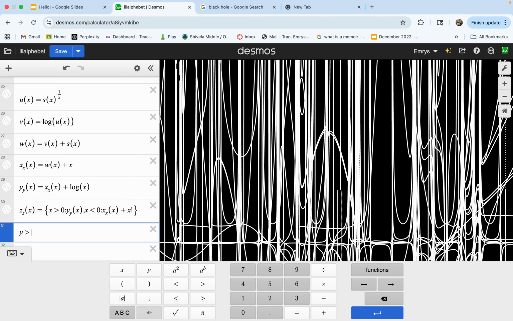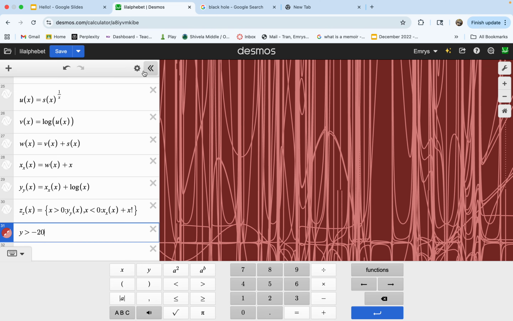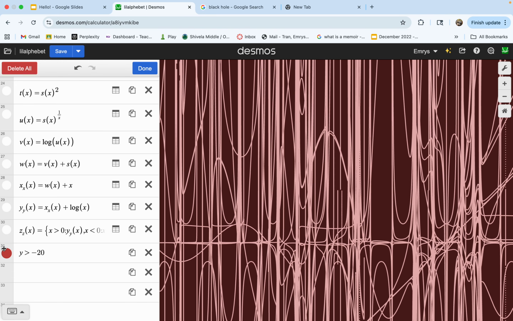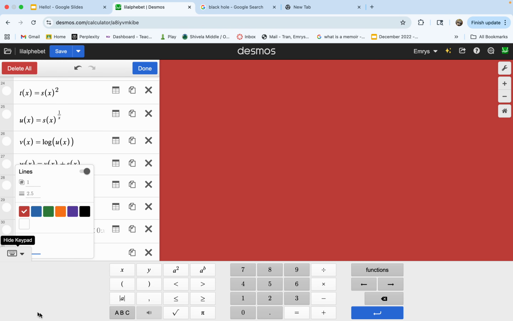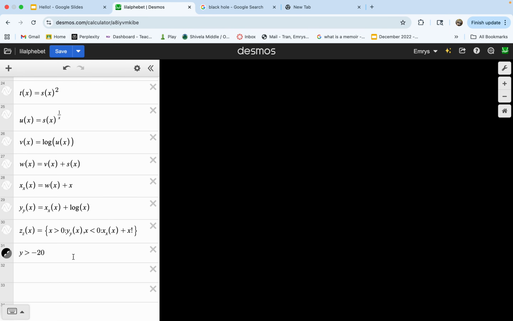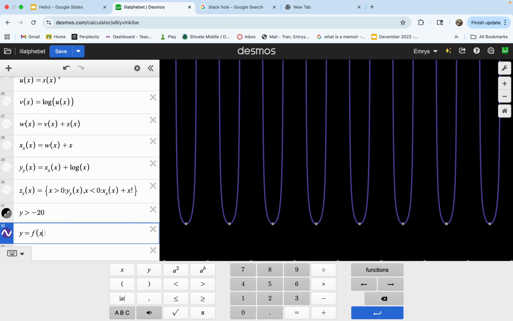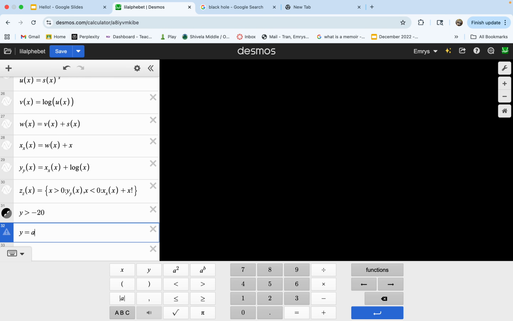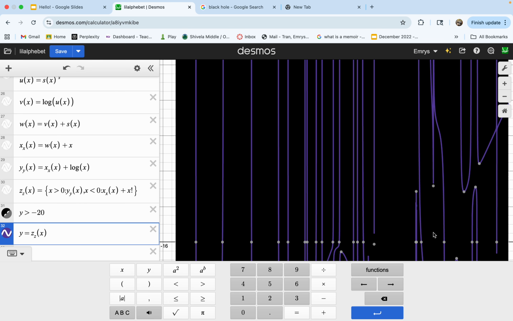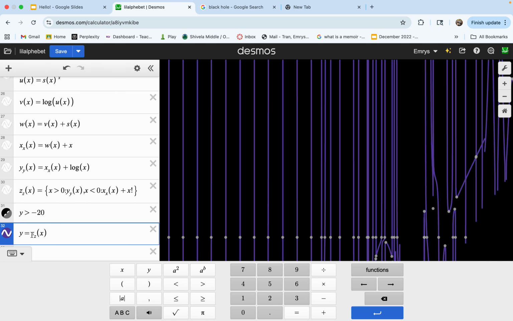Now, taking a closer look into some of these graphs. By using this, you could see some of these graphs aren't really that good. Like, you got Z of X, which looks like this, the final result.